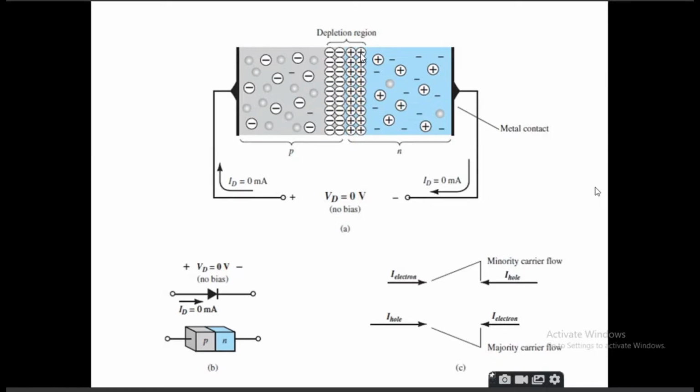It's in micrometers or so. This junction does not contain any mobile charges, whether it's a hole or an electron, and that's why it is named a depletion region.